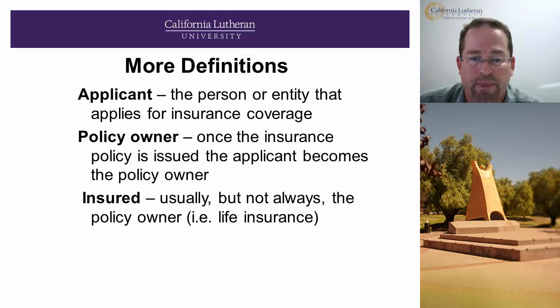The applicant, the person or entity that applies for insurance coverage. The policy owner. Once the policy is issued, the applicant becomes a policy owner. The insured, usually but not always the policy owner. For example, in life insurance, there can be different ownership depending on the nature of the insurance purchased and the intent.